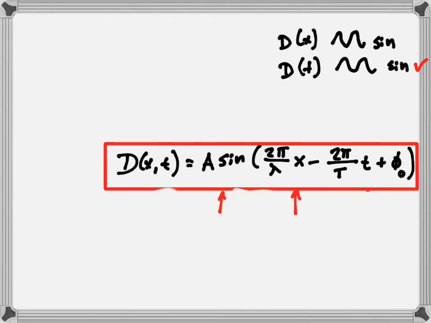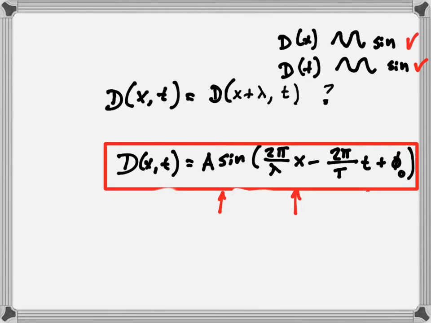Also, this function satisfies that the displacement as a function of position is also a sinusoidal wave, because the sine has x as an argument. So if we leave t alone, as x changes, the displacement is going to change as a sine function, which has the property that we said it should have.